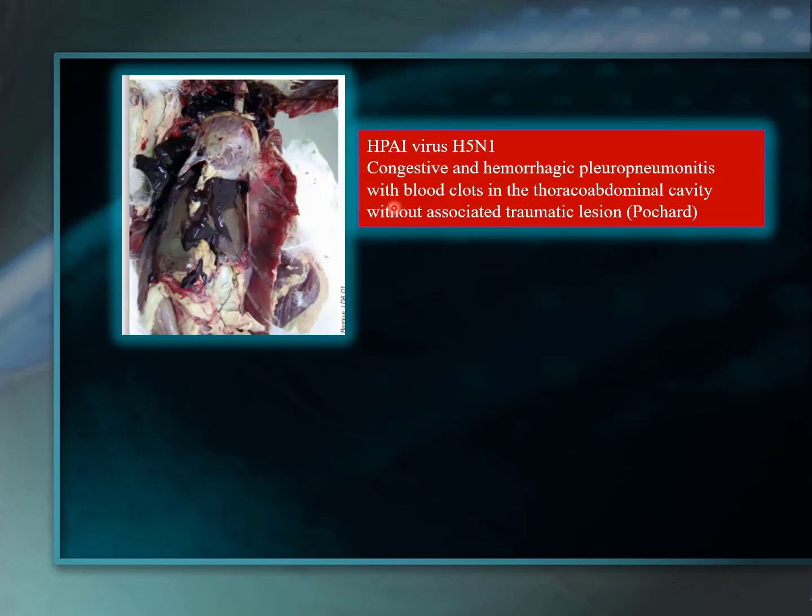With highly pathogenic avian influenza virus H5N1, there are lesions such as congested, hemorrhagic pneumonia with blood clots in the thoracoabdomen without associated traumatic lesion.